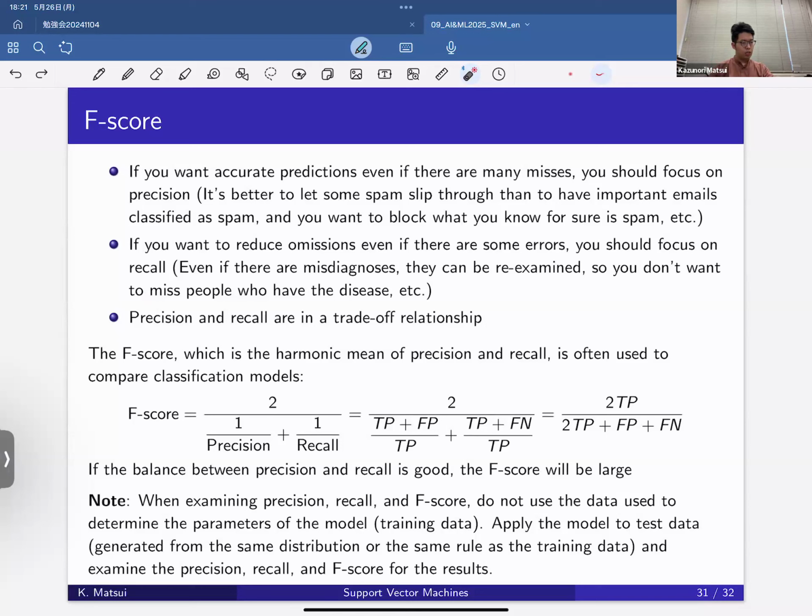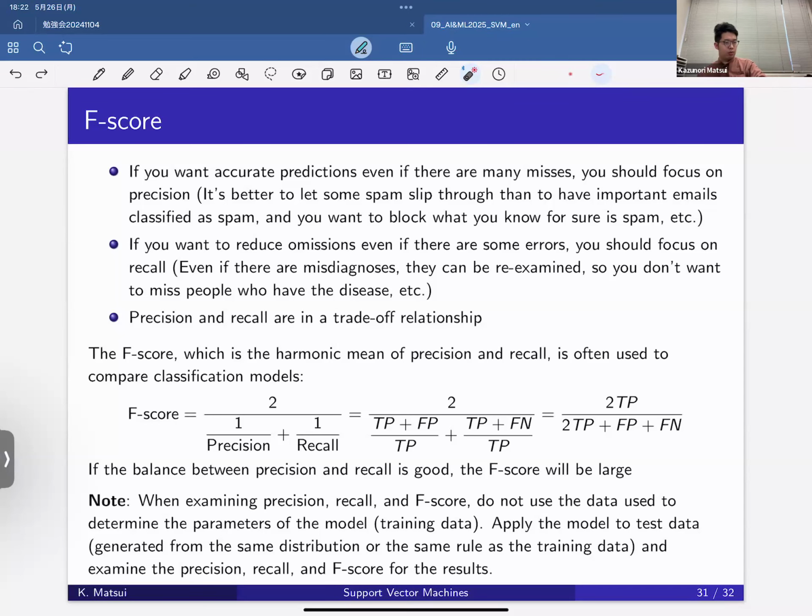For example, if we want accurate predictions, even if there are many misses, we focus on precision. For example, it is better to let some spam slip through than to have important emails classified as spam. So when we want to block only what we know for sure is spam, we should focus on precision.